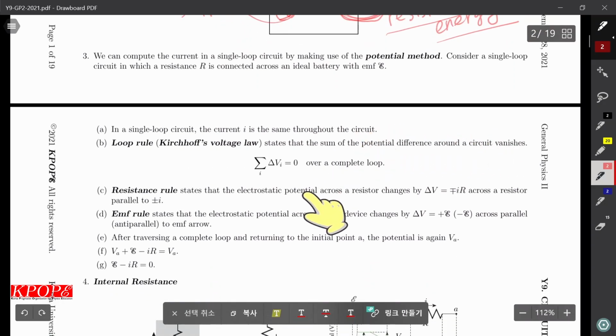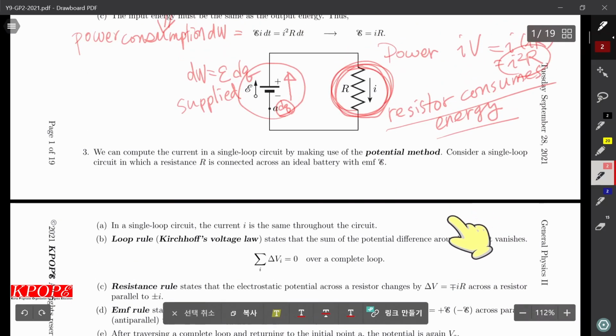We can also compute the current in a single loop circuit by making use of the potential method. Consider a single loop circuit in which resistance R is connected across an ideal battery with EMF E. Here we used the energy method.